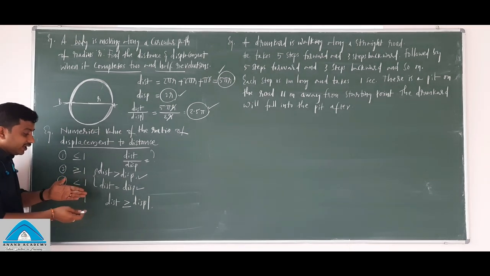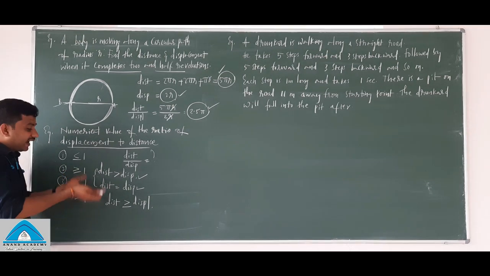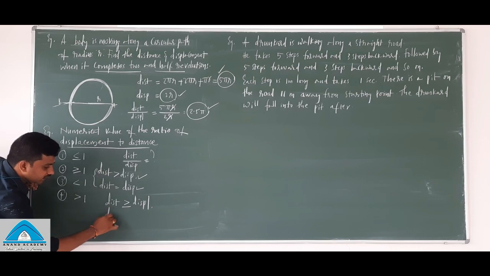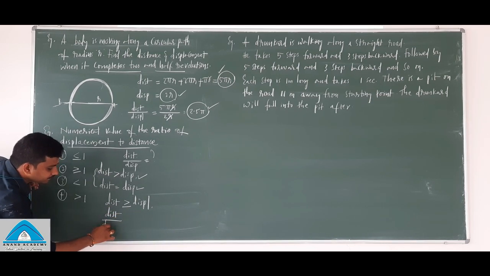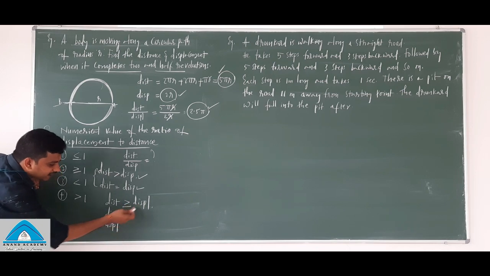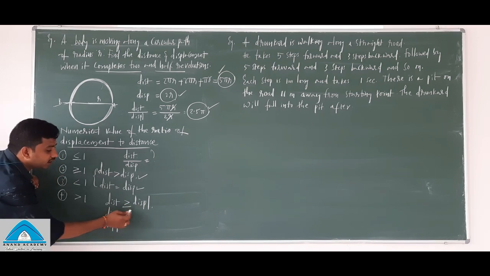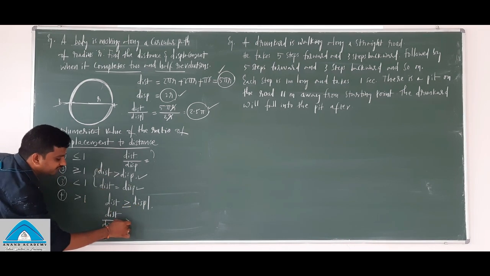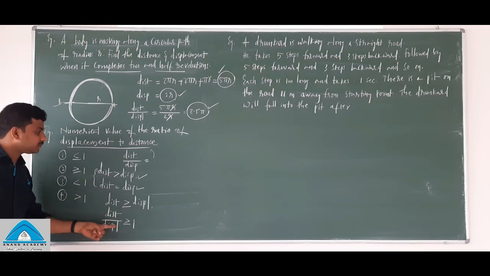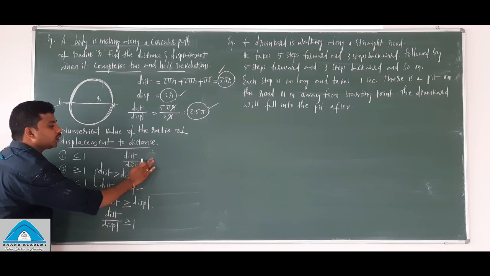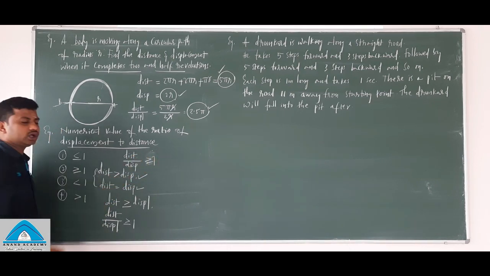The same thing, if I write in ratio, distance divided by displacement. When the displacement comes to the denominator, 1 will be left on the other side. So distance by displacement is greater than or equal to 1.